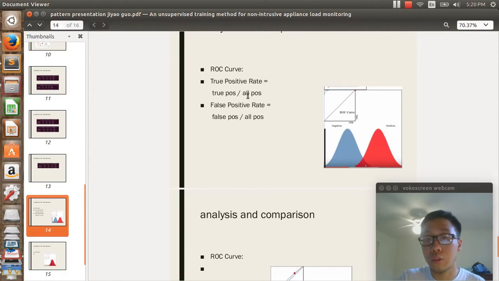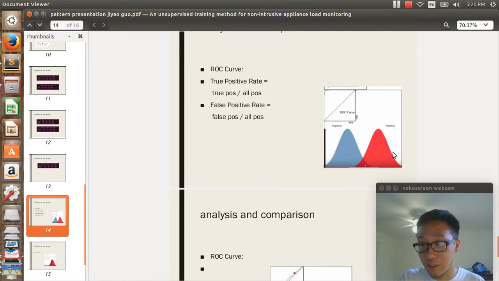The true positive value divided by all the positive values is already pretty close to 1. And the false positive rate, this bit divided by all the negative values here, is really small and close to 0. So this point is in this area, and it's a good classifier.